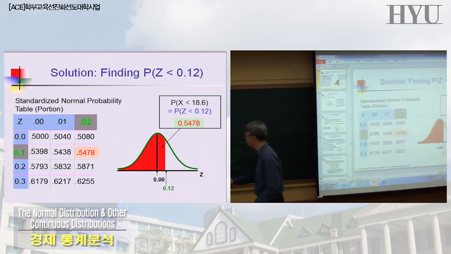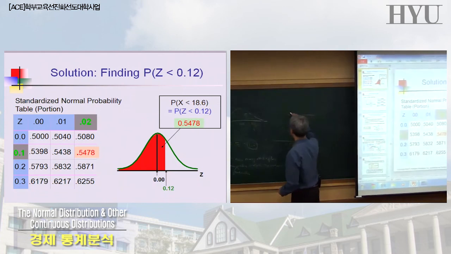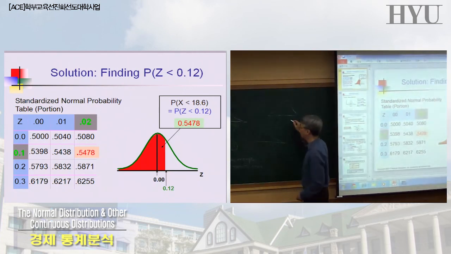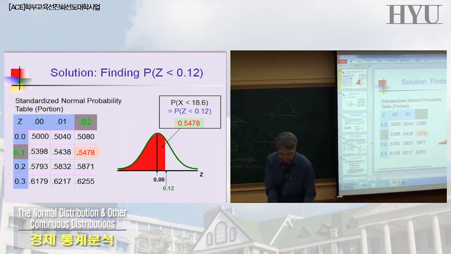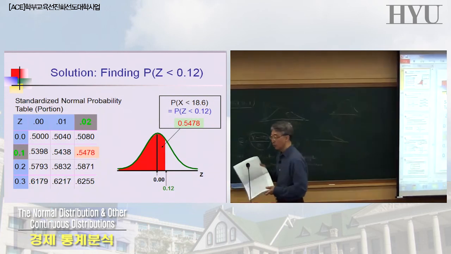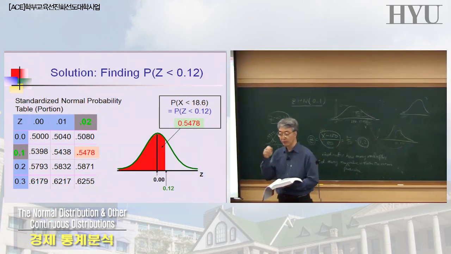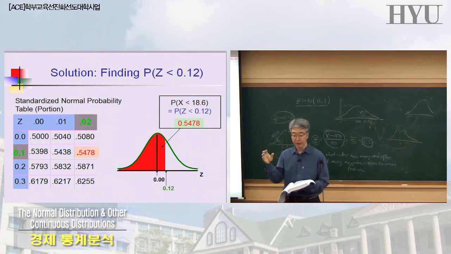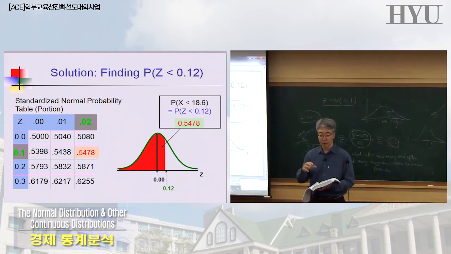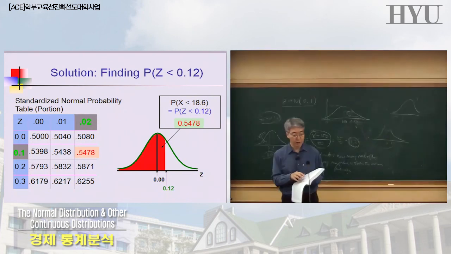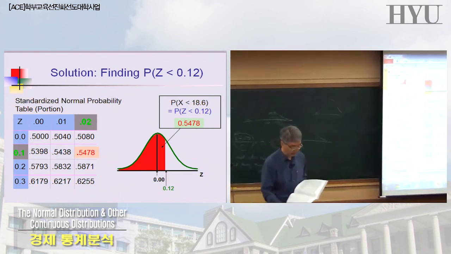The statisticians spent so much time calculating the area below negative 0.002 and so on, so we have this compiled table already. So no matter what x value or normal distribution we have, we can convert that normal distribution into standard normal, and then you can use this table to find the probability.